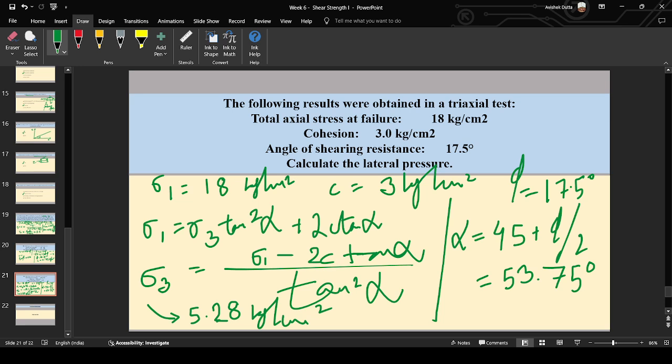The formula is σ1 equals σ3 tan² α plus 2c tan α. Rearranging, we get σ3 equals σ1 minus 2c tan α divided by tan² α. To find α, use α equals 45 plus φ by 2, where φ is the angle of internal friction, 17.5. We get α equal to 53.75. Putting this in the equation, we get σ3, the lateral pressure, as approximately 5.28 kg per centimeter square.